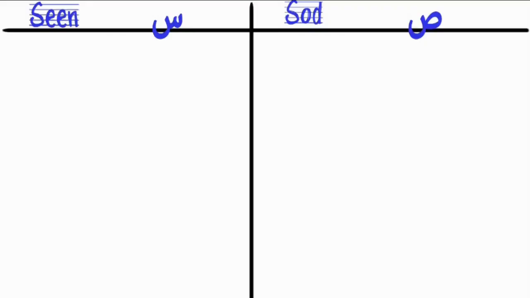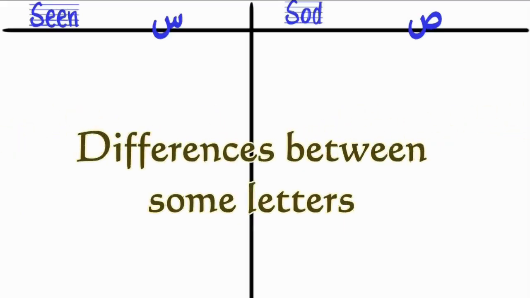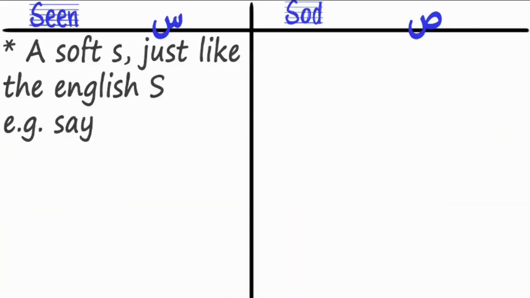So the letters Sheen and Sad both represent the letter S. But one is a soft S and the other one is a hard S. Sheen is a soft S, and it's just like the English S, for example in the word say.